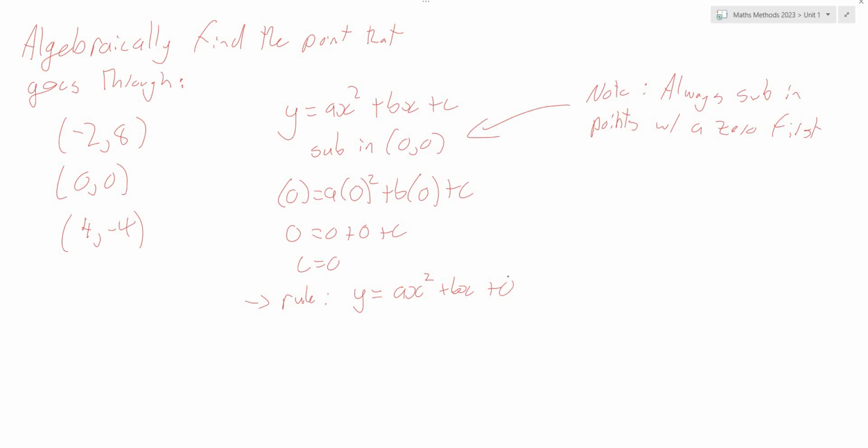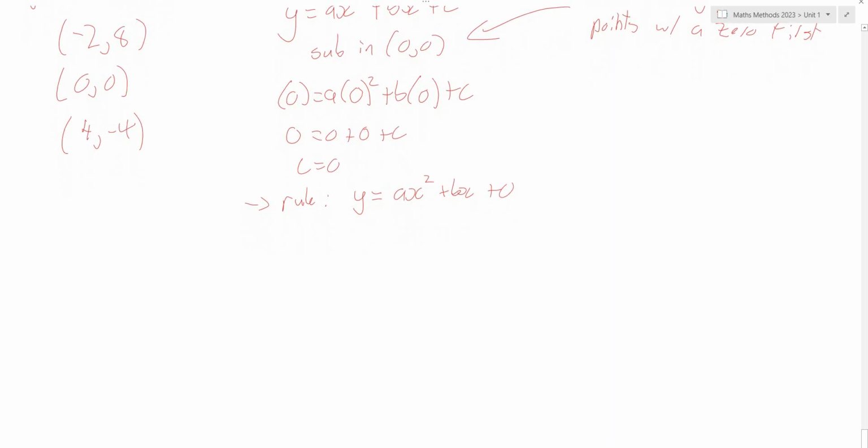Now, we're going to have to sub in both points. So over here, I'm going to sub in -2, 8. And over here, I'm going to sub in 4, -4.